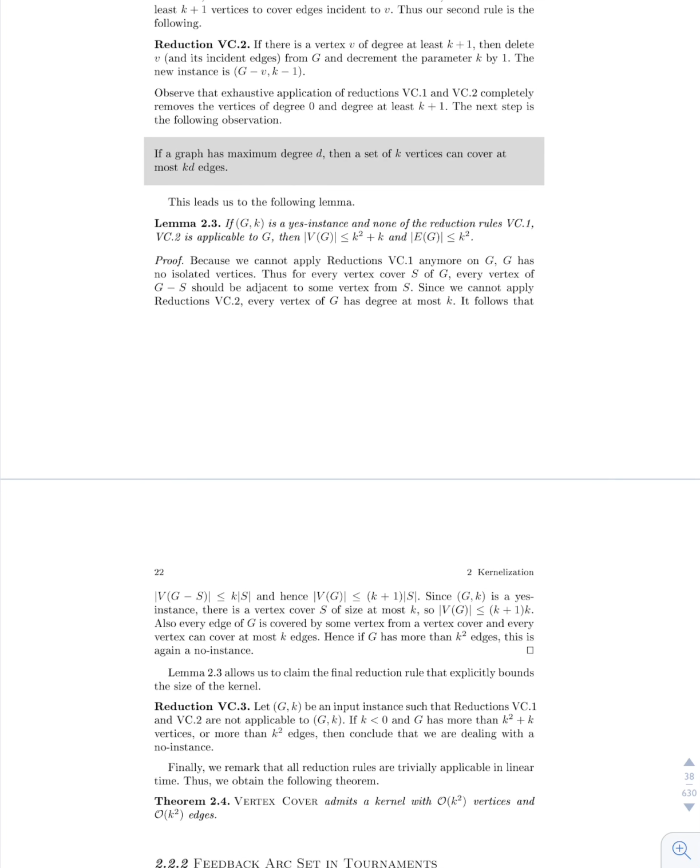What this means is the number of vertices in graph G... Now this is actually pretty obvious. You can think of it as a collection of stars like this. I just want to increase the number of vertices as much as possible.